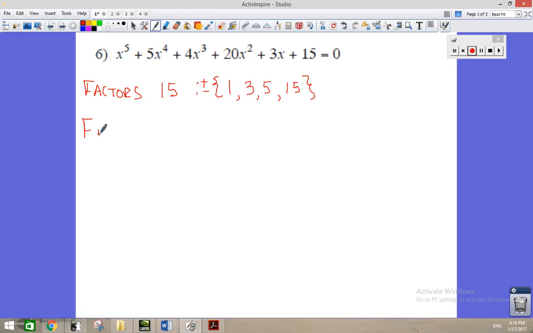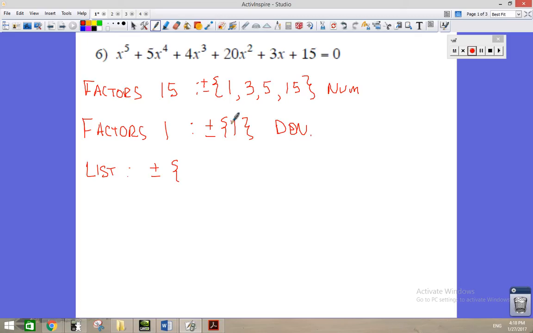The leading coefficient is 1, which is pretty nice because now I'm supposed to create a fraction of a list of possible rational zeros, where this is my numerator for my list and this is my denominator, but it's so easy to divide by 1, and I'm not going to write that as a fraction.